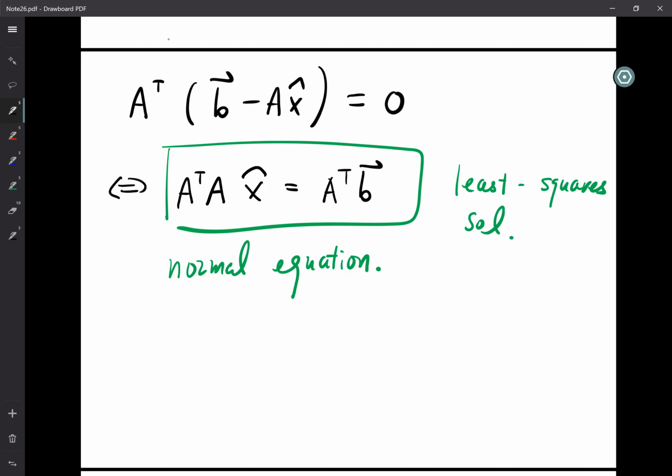By computing A transpose A, I obtain a modified matrix of size 2 by 2. The right-hand side originally was a vector of size 10,000 by 1. Now I compute A transpose b, and it becomes a vector of size 2. So this can be a much smaller problem than the original one. Any question?